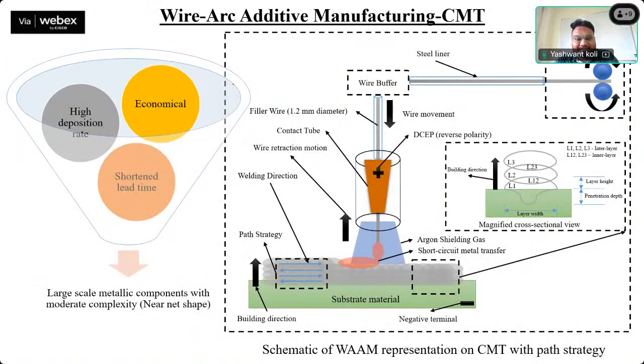I have already covered WAM CMT in the last lecture, and how the CMT power source helps produce good WAM structures.